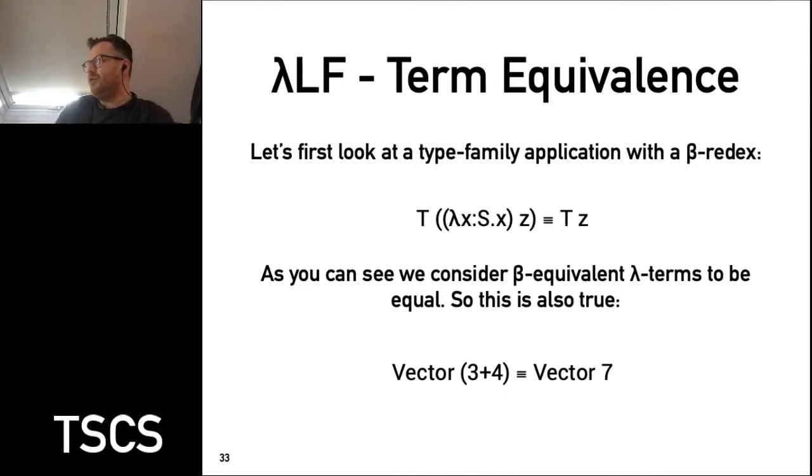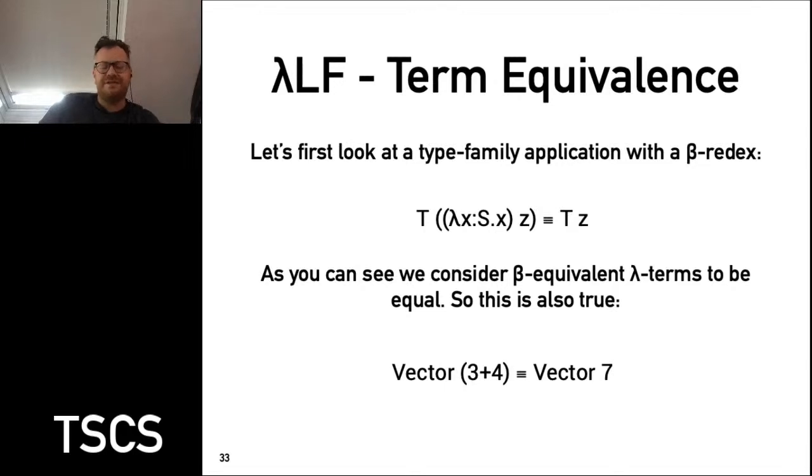So let's say you have a vector of 3 and you add a vector of 4, and the result would be a vector of 3 plus 4. Not a 7, not in the evaluated form, but in the unevaluated form, because currently we don't do that. Yeah? And then you have a function that takes a vector of 7. You need to show that 3 plus 4 is actually equal to 7.